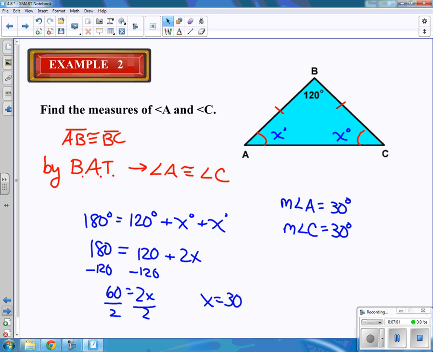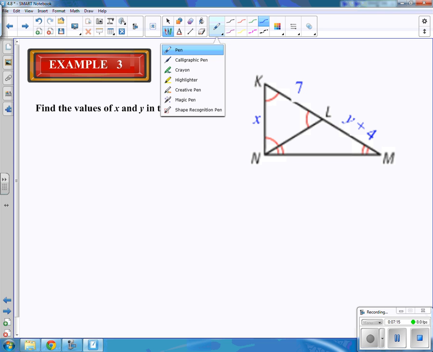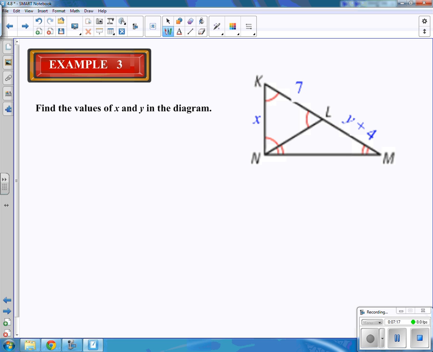All right. Next example, a little bit more complicated, so let's take a look at what we know. We're looking for the values of x and y, and I can see multiple triangles in the diagram. So for one, let me just highlight these for you quickly. We have triangle KNL, which is right here, and triangle KNL has 3 congruent angles marked.